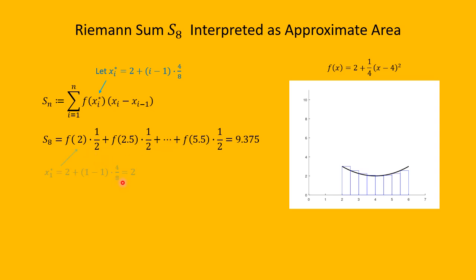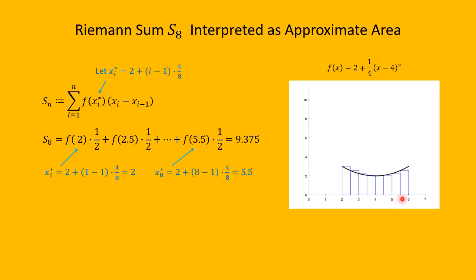You can try that using a calculator, for instance, or writing a little bit of computer code to evaluate this type of sum. In this, we saw that x sub 1 star is going to be this, with 1 minus 1 being 0. So you just get f of 2. And by the time you get to this last term over here, that's the 8th term, the x sub 8 star variable is 5.5, which is right here on the x-axis.